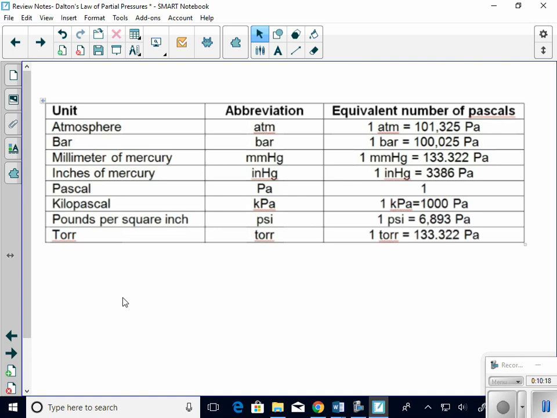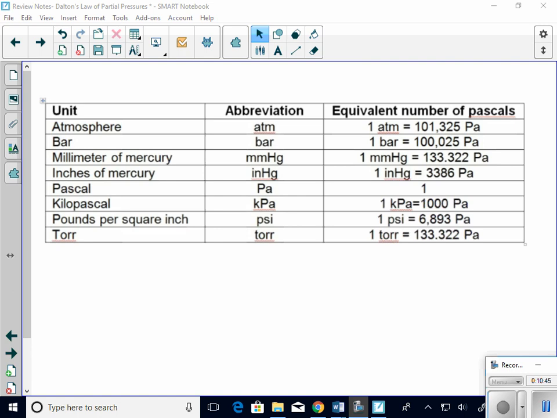So copy down this chart, and then we'll talk about it here in a second. Okay, as I told you, folks, you're going to need this chart to do some conversions. Okay, and the very first one is coming up with our next problem.